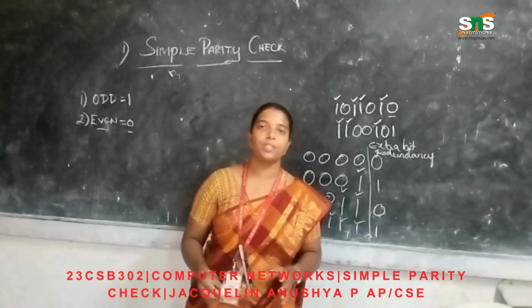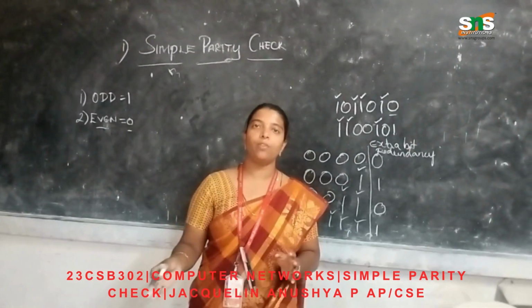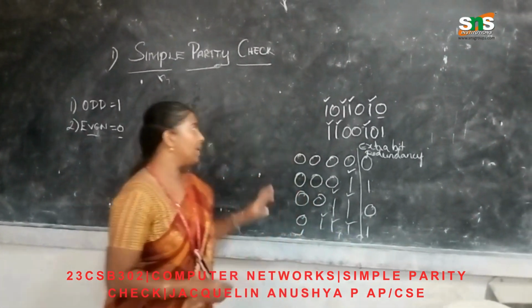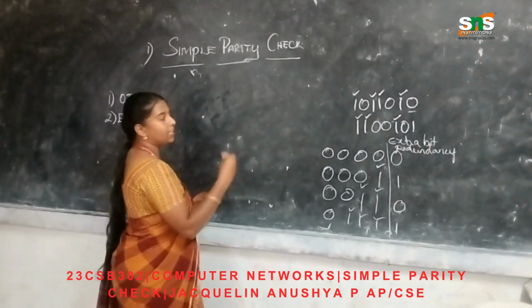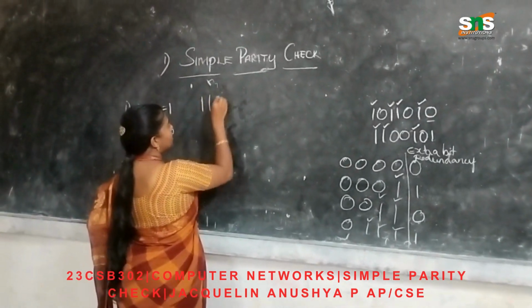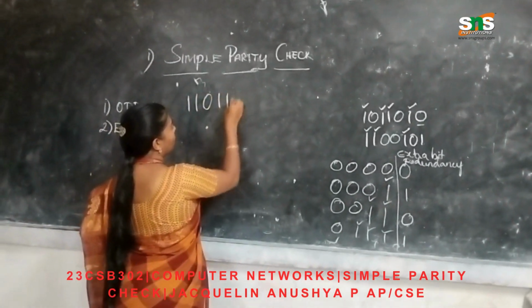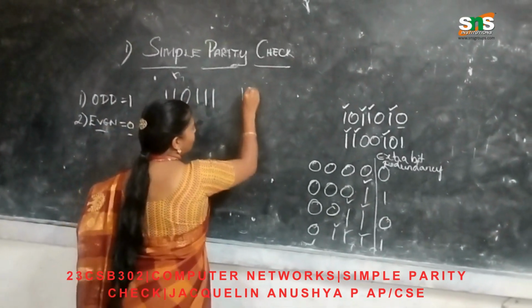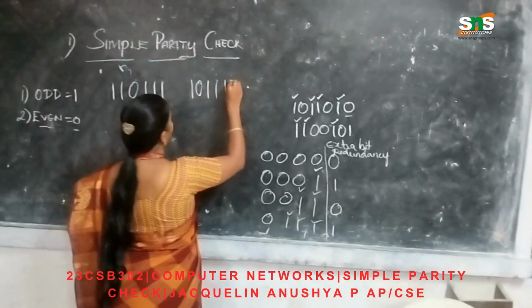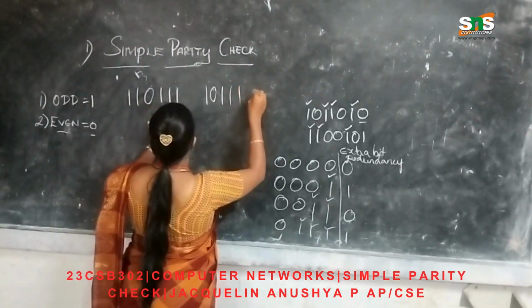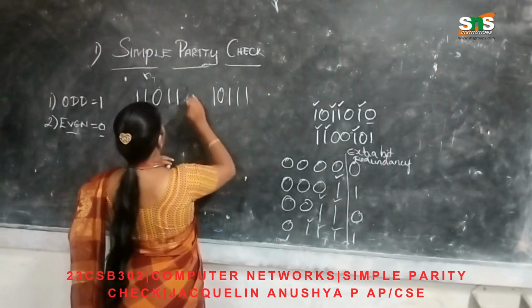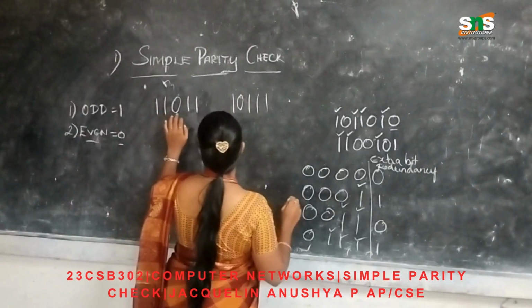When your data transfers from one file to another, it is transferred in bits. For example, I am sending a text where the letters are converted into bits. The bits may be 110, 111 or 10111. Let me give 5 binary digits over here.